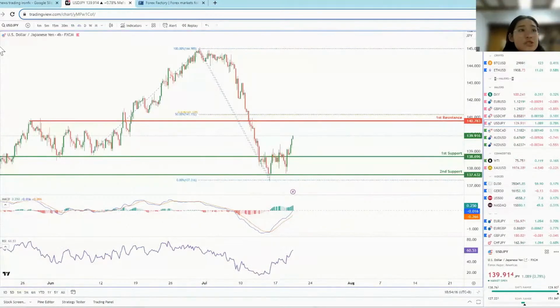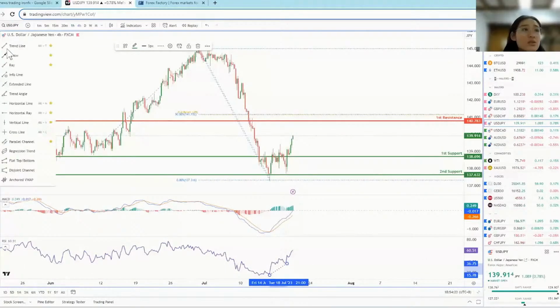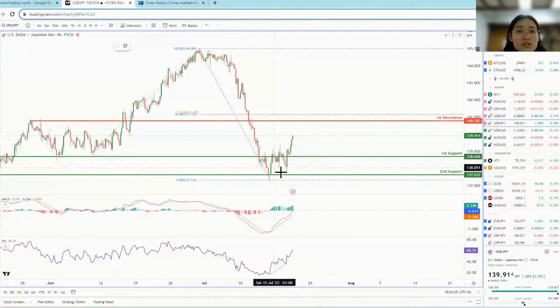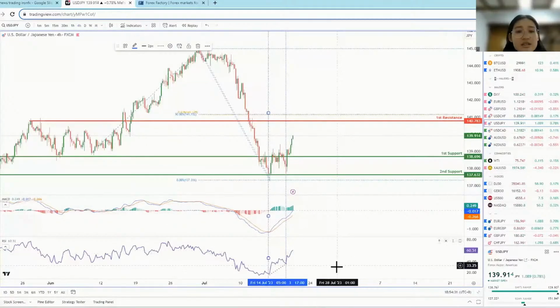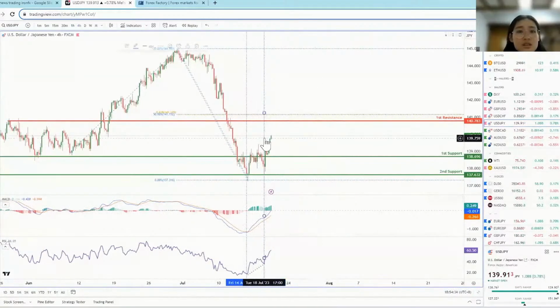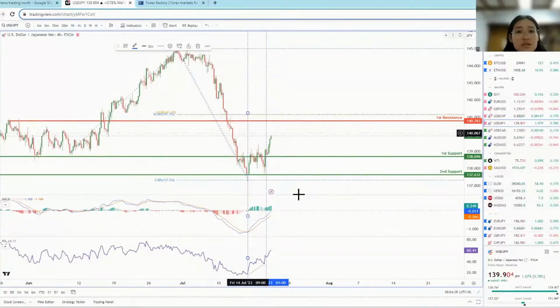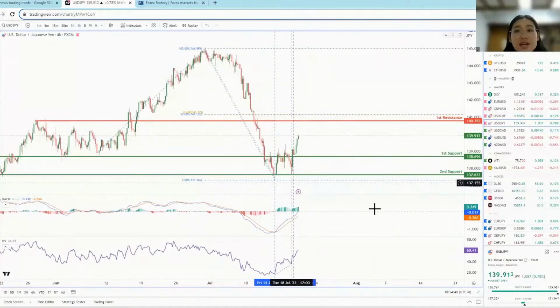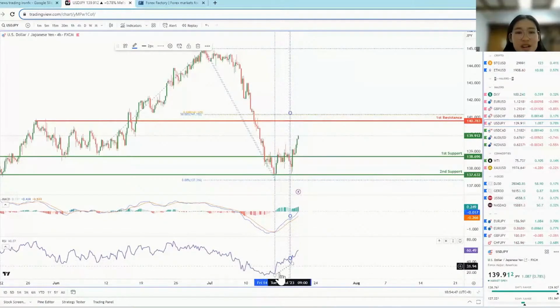Okay, let me show you guys what I mean. So on our RSI, we have these 2 points here.